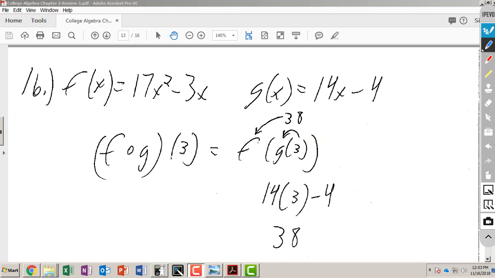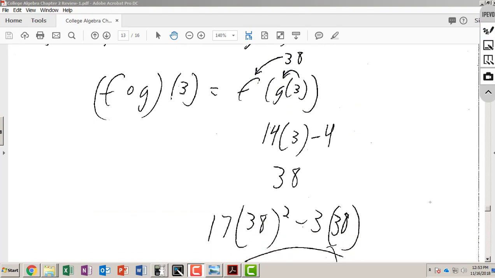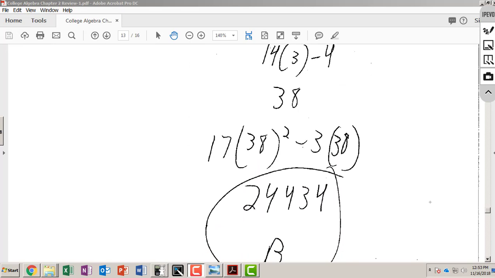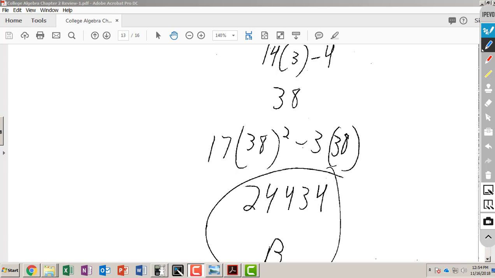Since g of 3 is 38, I'm going to take this 38 and put it into my equation f. My equation f was 17x squared minus 3x.